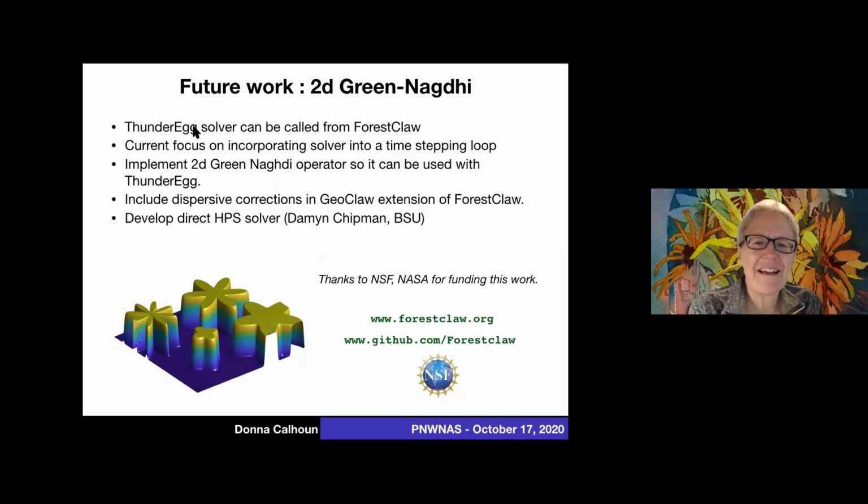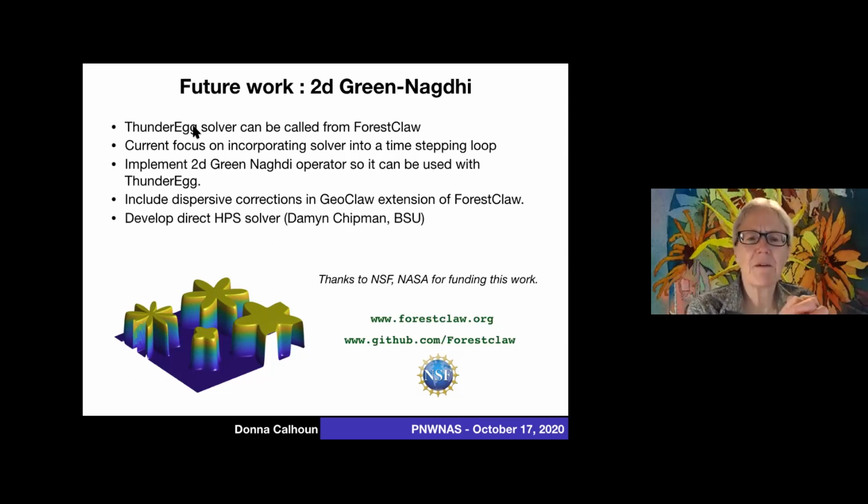Then we have to implement the 2D Green-Naghdi solver, but ThunderEgg is now formulated so that it really is just a matter of coding up the operator. We've got support for systems of elliptic equations, and the user can define their own variable coefficient equation with whatever variables they want to use.